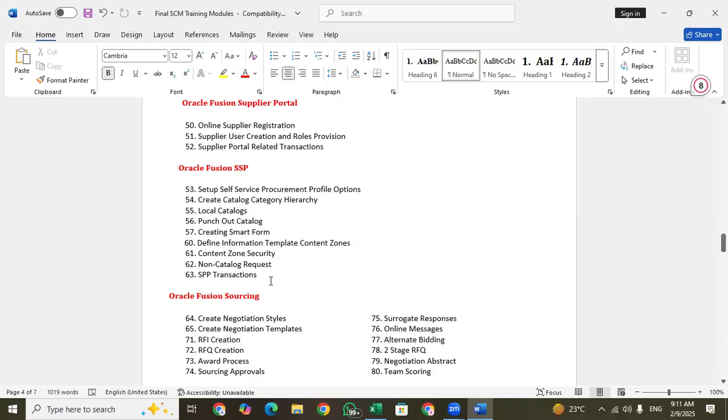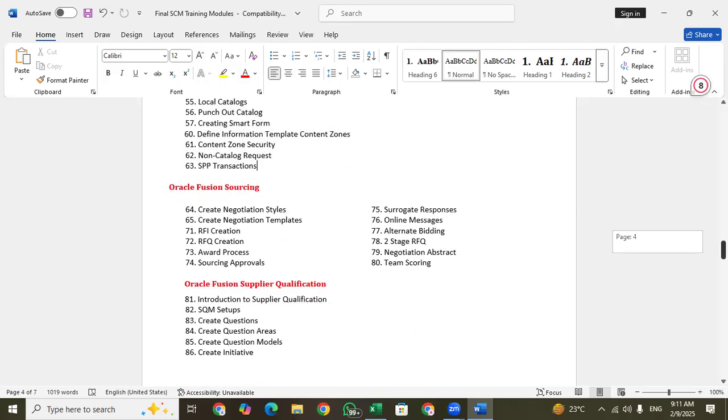For that we have a separate self-service procurement for employee-related requirements. If they need anything in our organization, they create a requisition using self-service procurement.